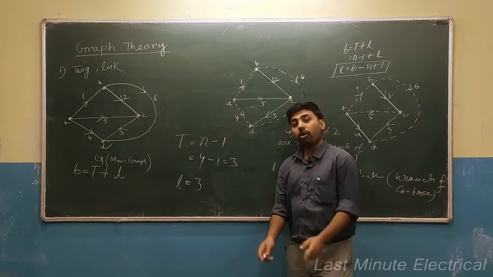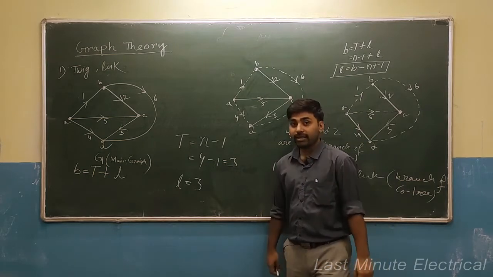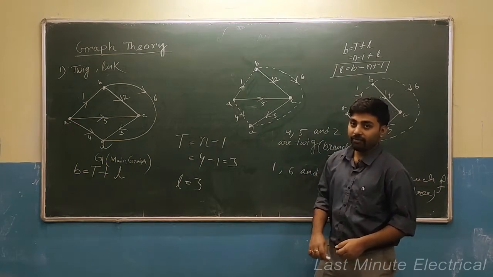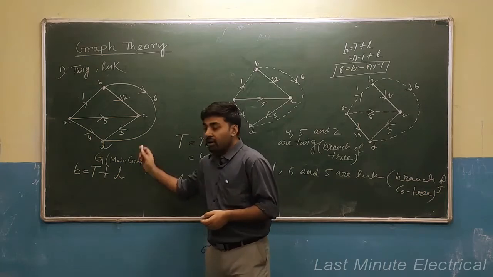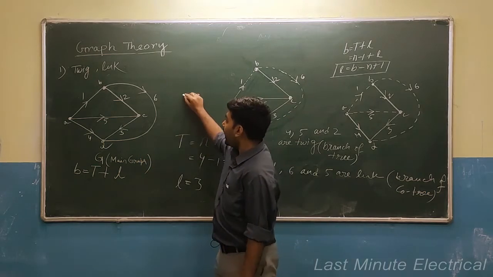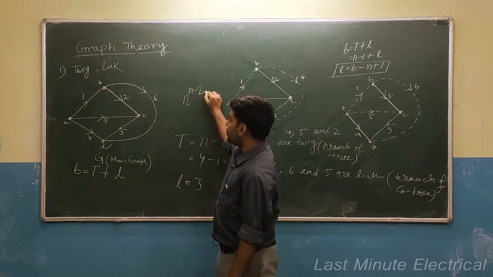See, for a complete graph, I have already discussed in my previous class what a complete graph is. In case of a complete graph, the number of trees is n to the power n minus 2.